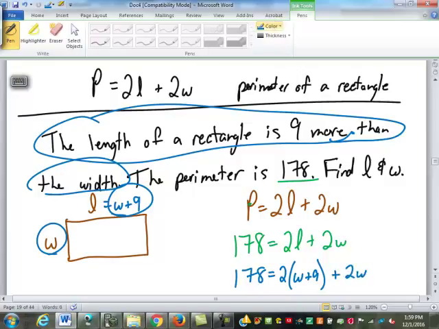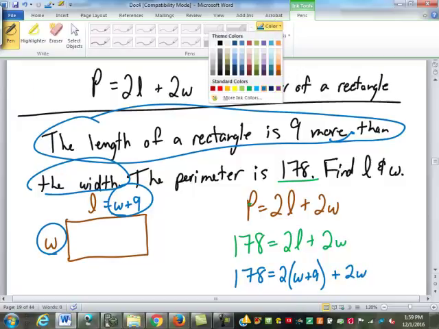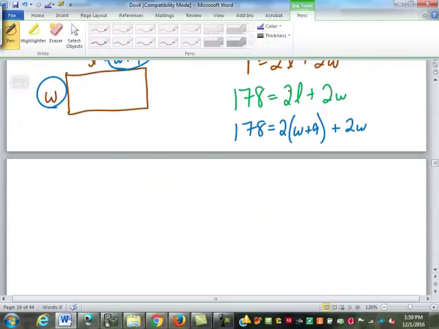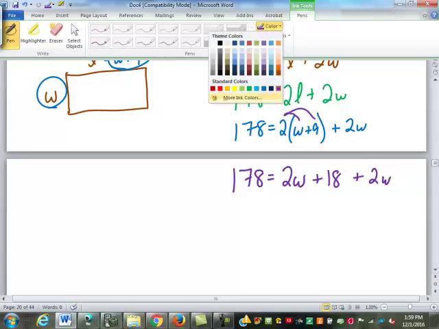So now the only variable we have over there is W. And we can solve. What's going to be our first step? The parentheses should always draw our attention. Nothing to do in the parentheses, so we're going to multiply by the 2 to get 2W plus 18. Good. Equals, then we still have the 2W over there.